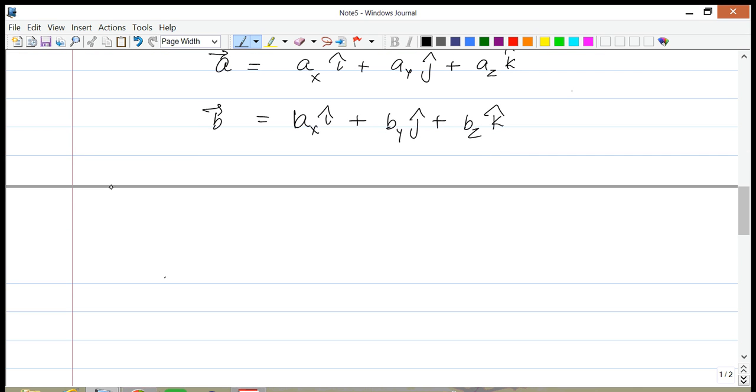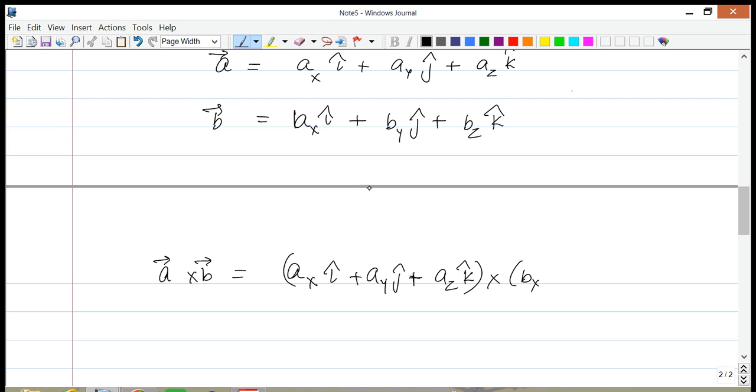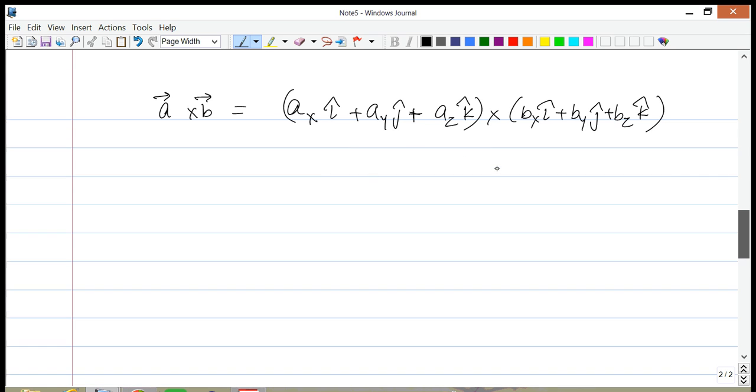Now when we do A cross B, we get AX I hat plus AY J hat plus AZ K hat, cross BX I hat plus BY J hat plus BZ K hat.